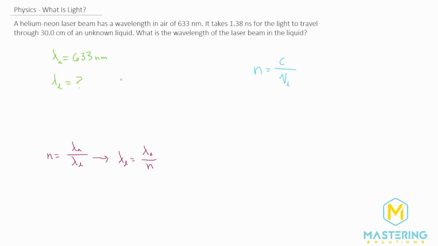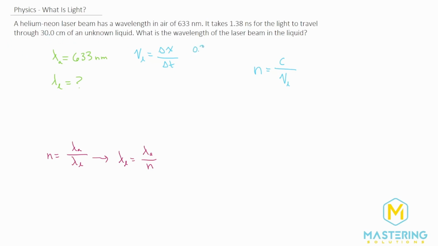So let's just figure out the velocity. We're going to use the velocity equation. So the velocity in a liquid is going to be equal to the distance over time. They gave us the distance, it's 30 centimeters. If we change that to meters, that's 0.3.